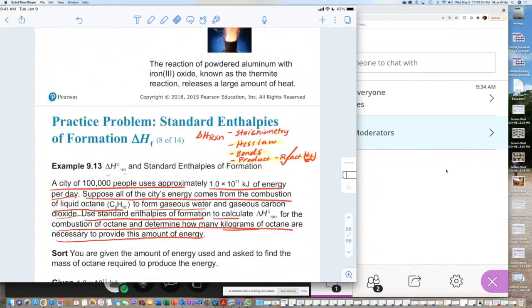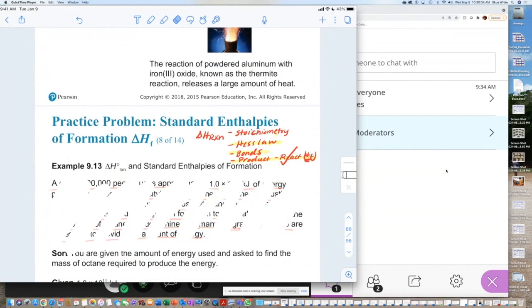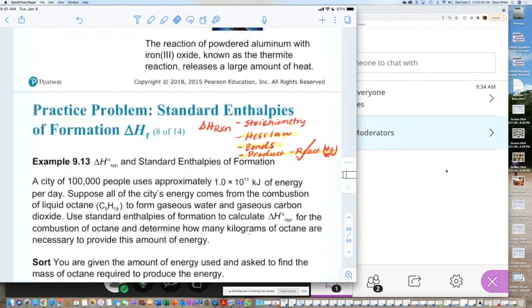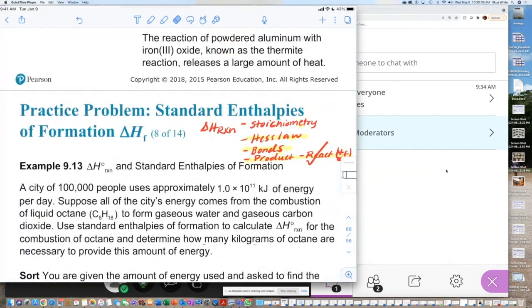So here, as we're working on this problem, remember that we have learned this so far. Here I saw myself summarizing. If you're looking at chapter 9, part 1, chapter 9, part 2, and now chapter 9, part 3, we have figured out delta H's of reaction using so many different methods.